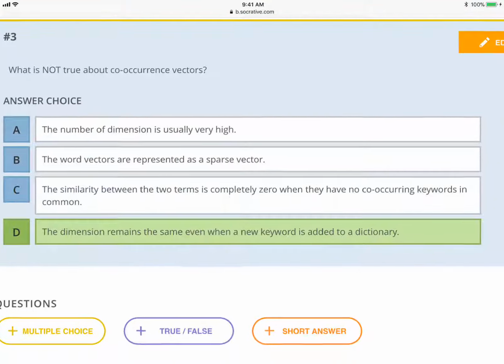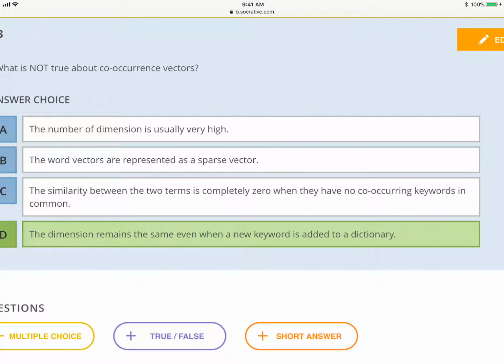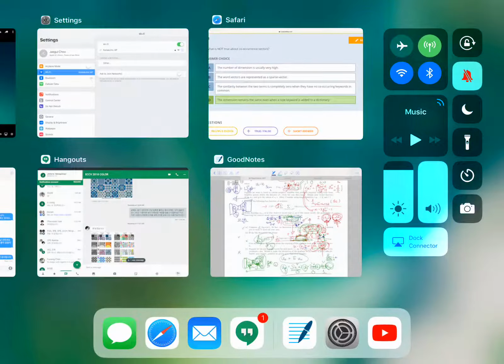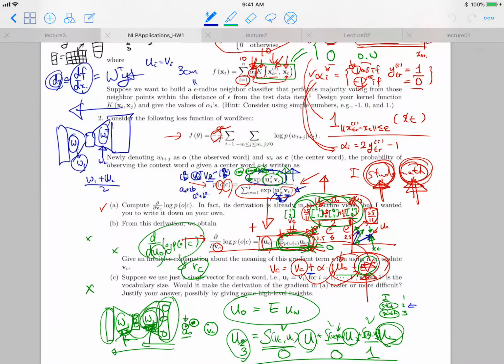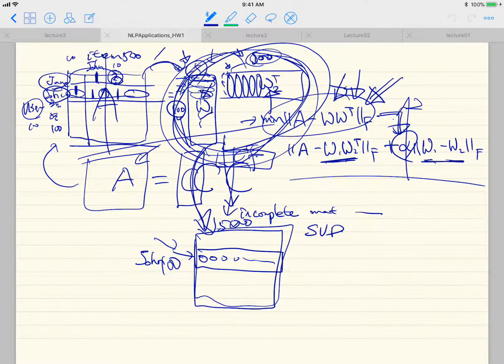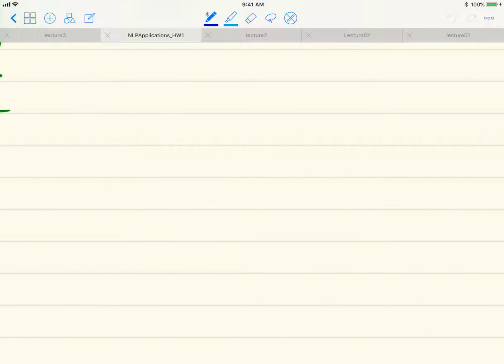But let me just briefly review the C and D in the last question. The similarity between the two terms is completely zero when they have no co-occurring keywords in common. It is really similar to an adjacency matrix.